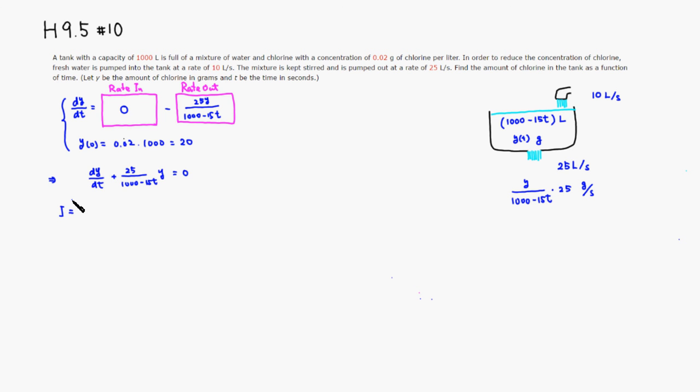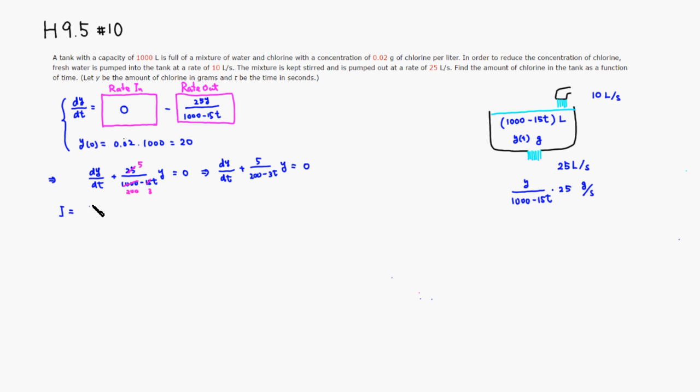Maybe I should simplify this a little bit. Everything is a multiple of 5, so dividing by 5, it's 200 here and 3 there. Cleaning that up: dy over dt plus 5 over 200 minus 3t, y equals 0.